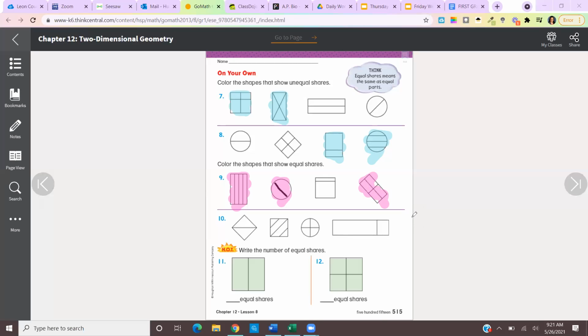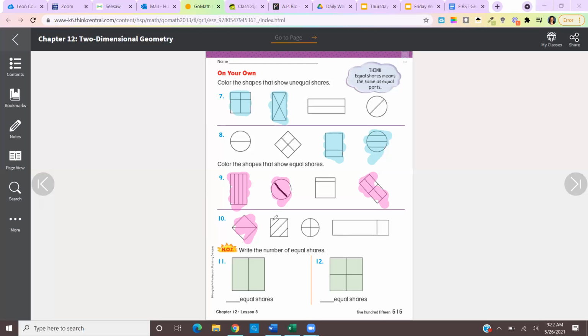Let's look at number 10. Does this square, or sorry, yep, that's a little square. Does this square show equal shares, parts that are the same size? Yes. What about this second square? Does it show equal shares, all of the parts that are the same size?